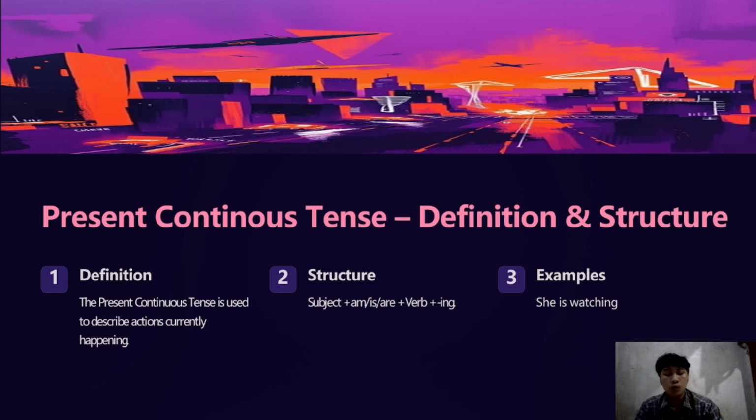To form it, we use am, is, or are with the verb in -ing. So we say, I am reading, she is studying, or they are working. It's useful for describing not only what's happening right now, but also temporary situations.